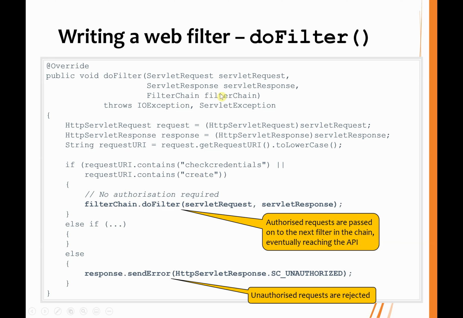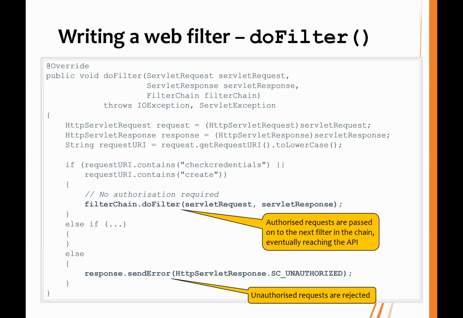Now, filter chain is the third parameter here. This is given to us because our filter might be one of many that have been formed into a chain. And so when a request is received, the web server is going to build a chain of filters that are registered to process that request.